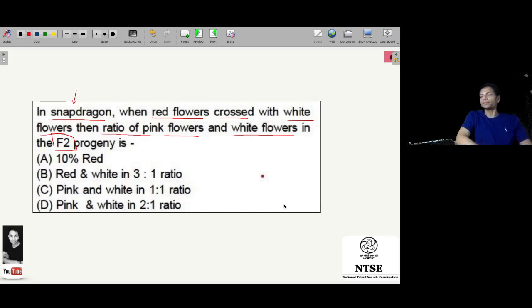I'll give some time, maybe 1 minute, or a little bit more because it's a problem. Let's see who can solve this. Give students time to solve this.